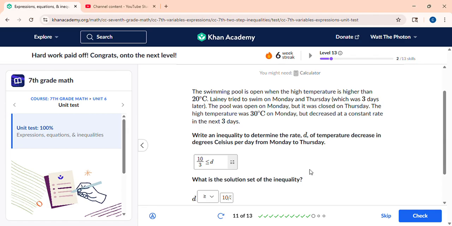So the temperature has to be less than 20 degrees over the 3 days. 10 over 3 is greater than or equal to d. The solution set is d has to be greater than 10 over 3. Is it going to be negative though?